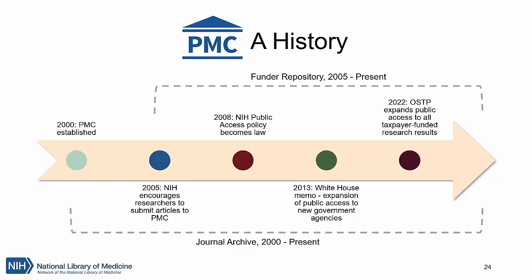I want to note here that later this month, PMC is debuting a new article display and journal list view. Looks really good. You can see a preview of it and read more about that change from the link on your handout if you're interested in that.